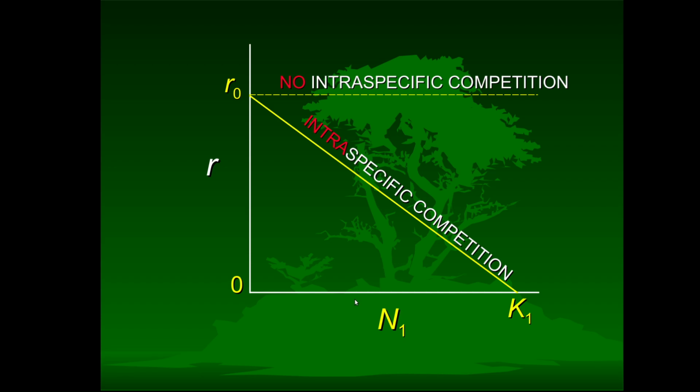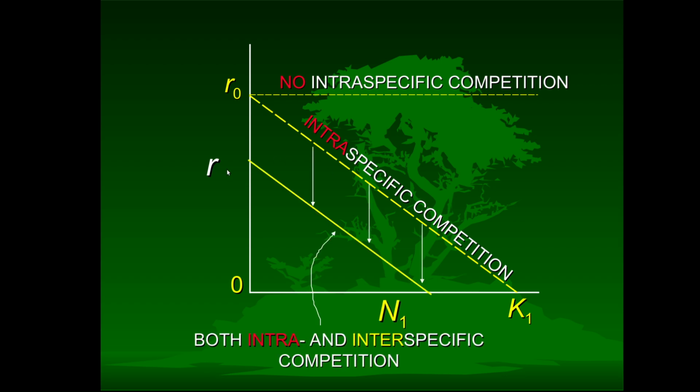Right. What happens when you add another population of competitors in? Well, you have interspecific competition reducing this entire curve even more, depending on how many individuals of the competitor are there. So the entire curve drops down to some lower level, and this is caused by both intra and interspecific competition.